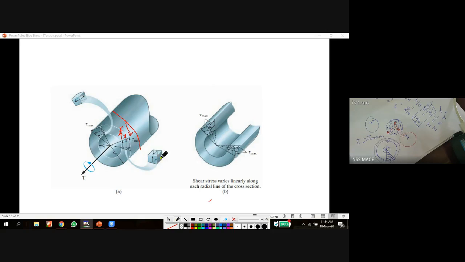Such 4 shear stress values will be developed. This is important. The magnitude of this complementary shear stress and the cross-sectionally developed shear stress is the same.